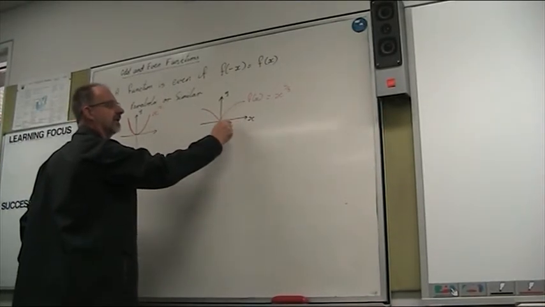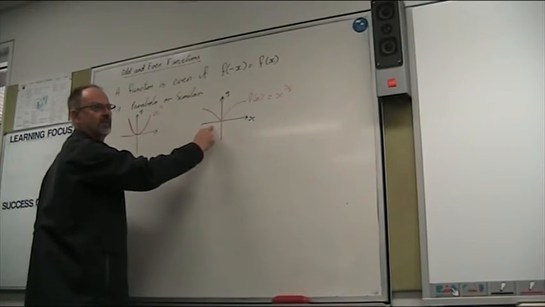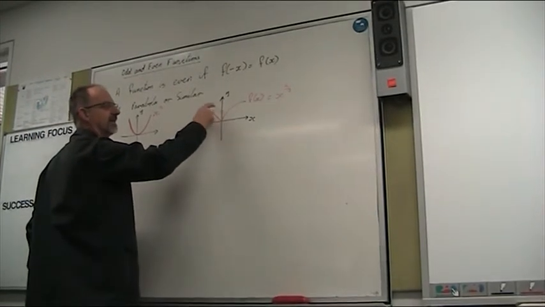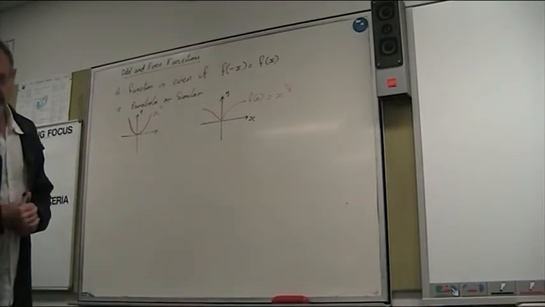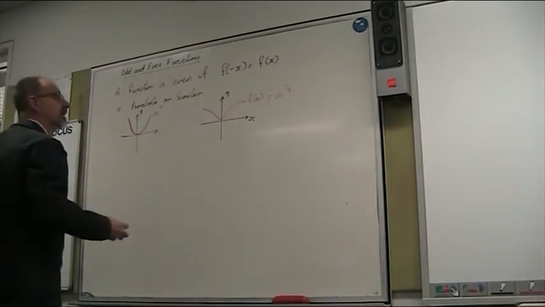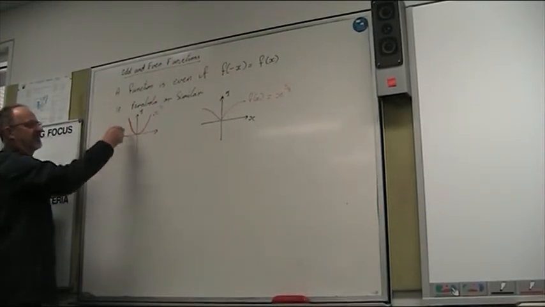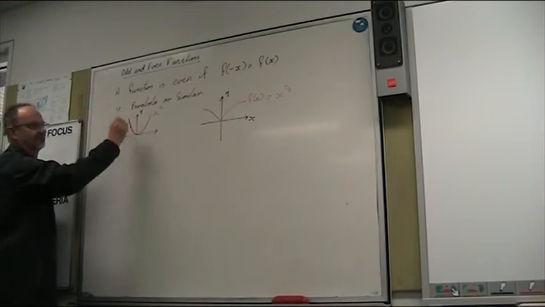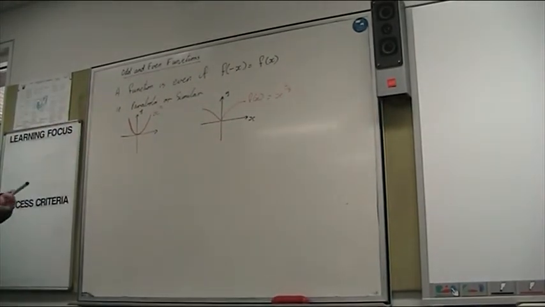Stick positive x values in there, you get the same y value if you stick the negative x values in there, so it's an even function. The odd functions would be if this bit was down there, and then if this bit was down there.